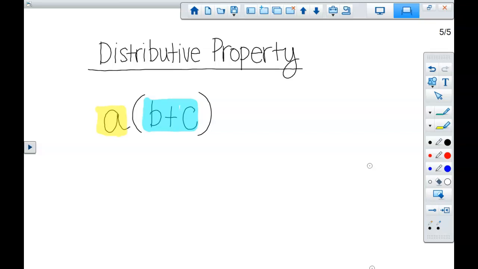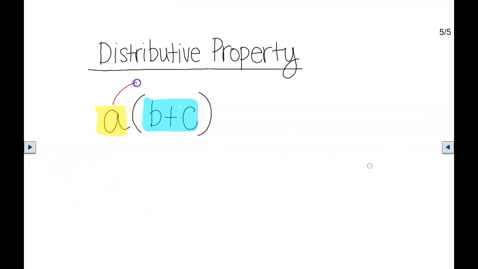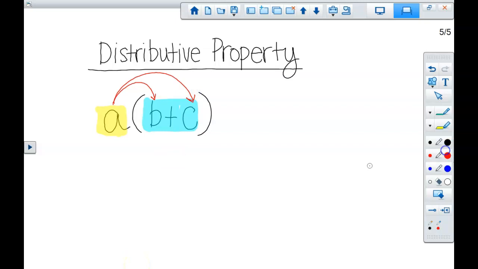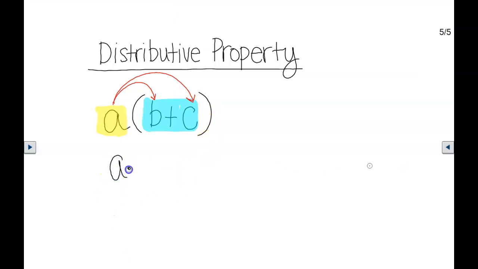What distributive property tells me I can do is, instead of multiplying A times the entire group, I can take A and multiply it by each member of my group. So I can do A times B, A times C, and then add the results together.